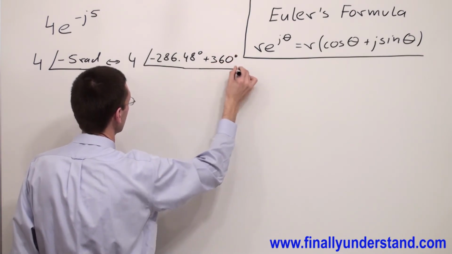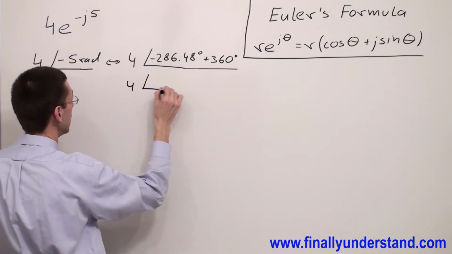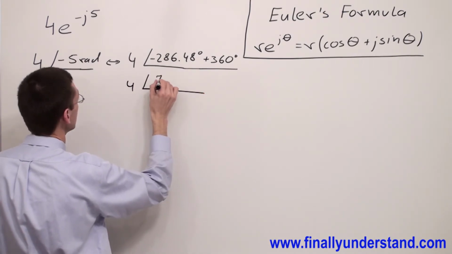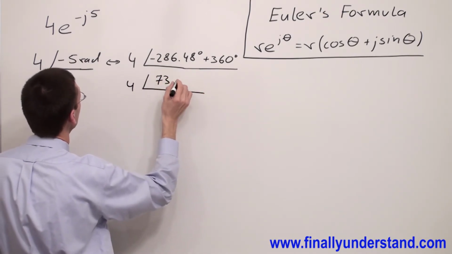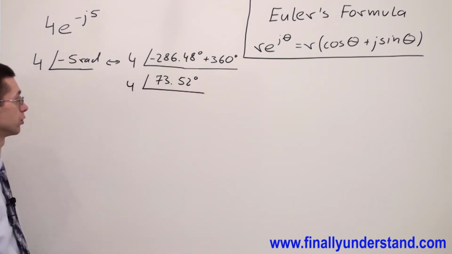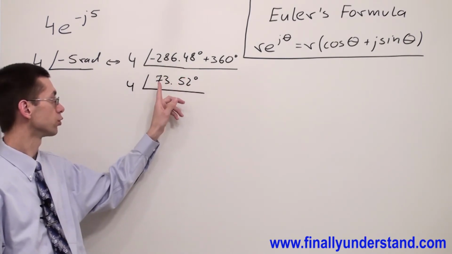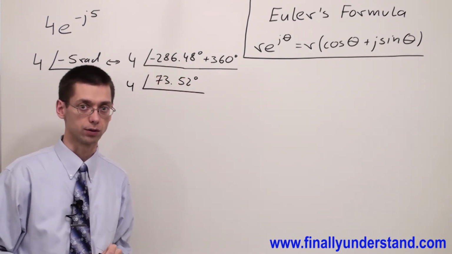And take a look at what we are going to have. We are going to have magnitude 4 and angle of 73.52. I prefer to use this value. This one is also correct, but I want you to learn both ways, okay?